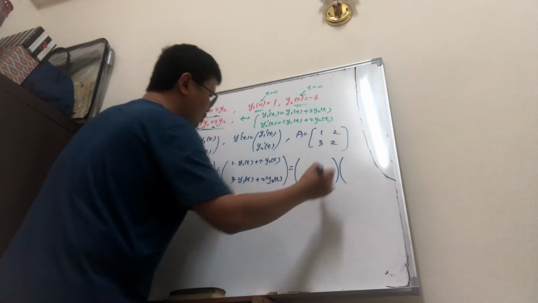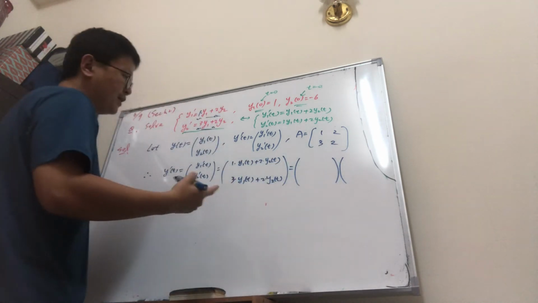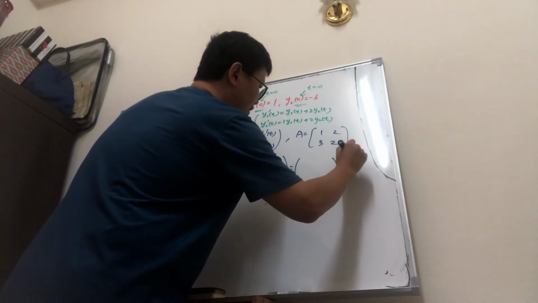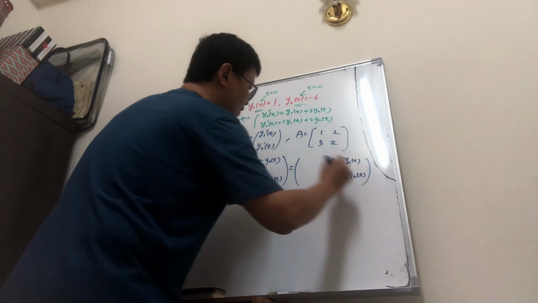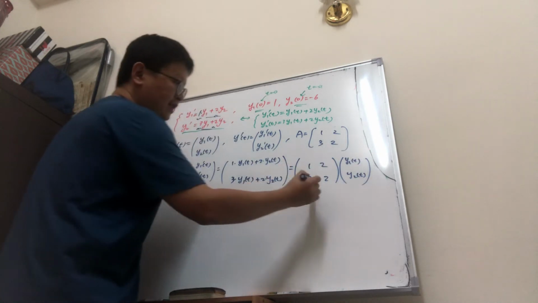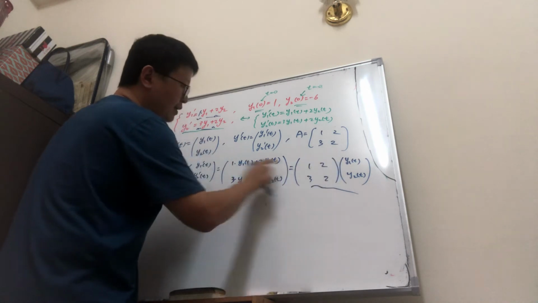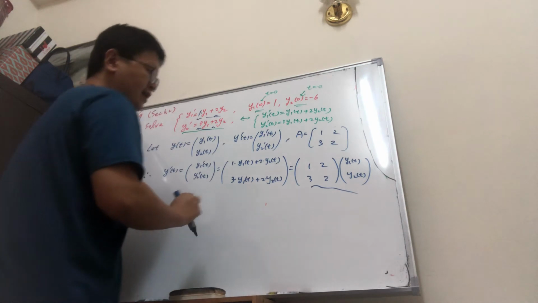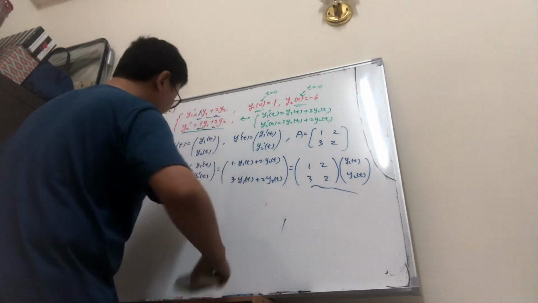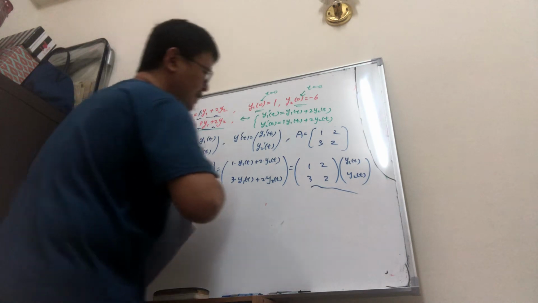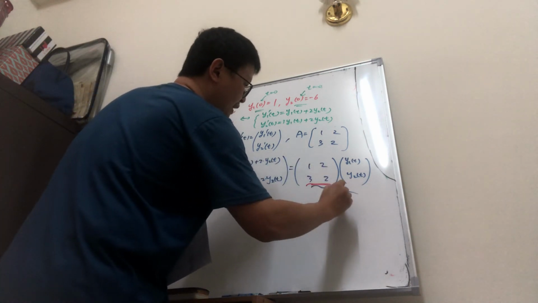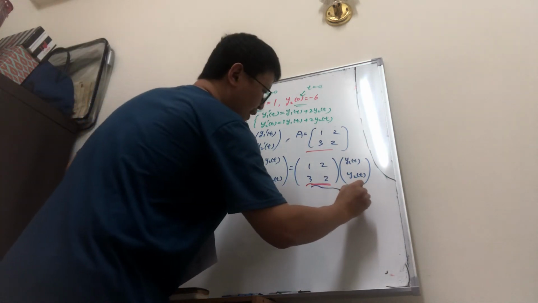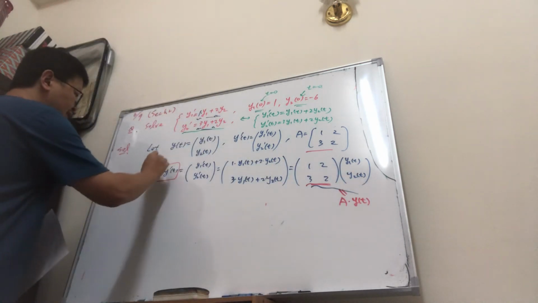You could just use matrix multiplication again: the matrix 1, 2, 3, 2 times the vector y1 t, y2 t gives 1 times y1 plus 2 times y2, 3 times y1 plus 2 times y2. It's exactly the matrix A times the vector y(t). So now we have the matrix equation.